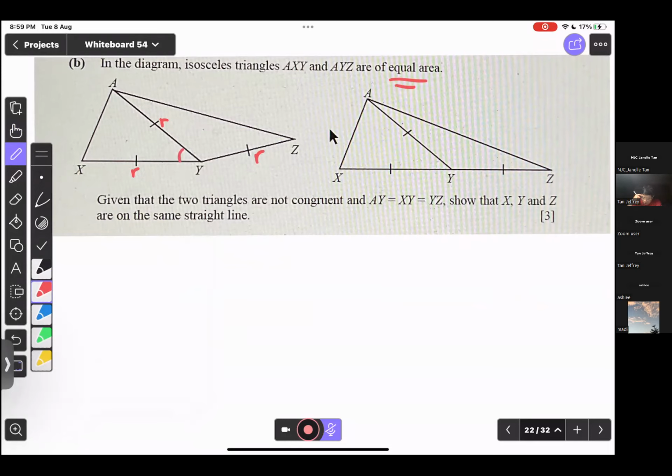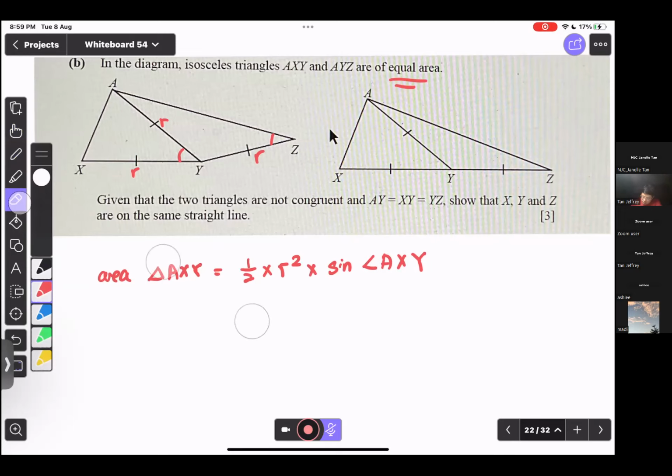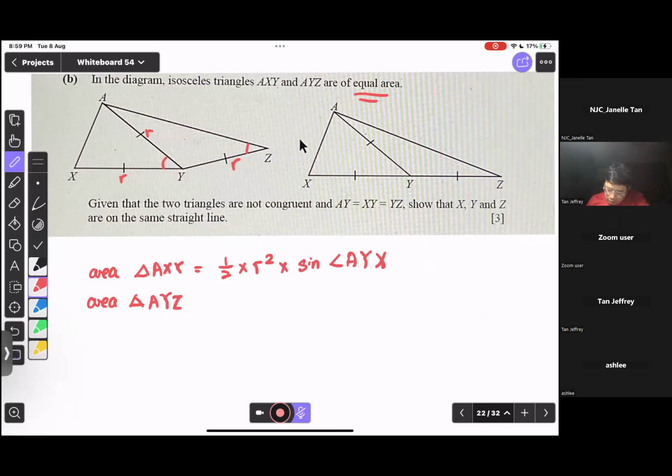So let's call this angle here. The area of triangle AYX should be half times R squared times sine of angle AYX. The area of triangle AYZ should be half times R squared times sine of angle AYZ.